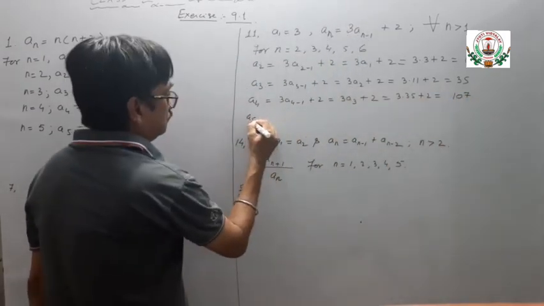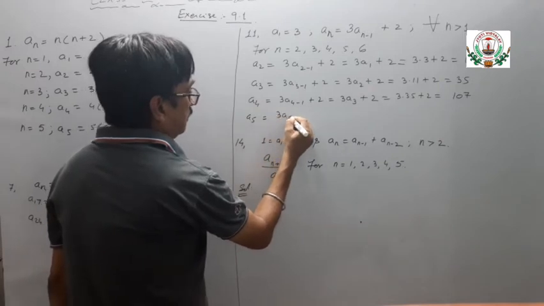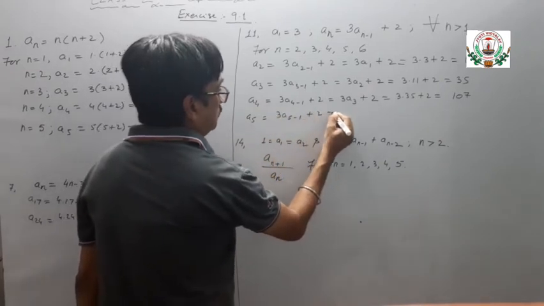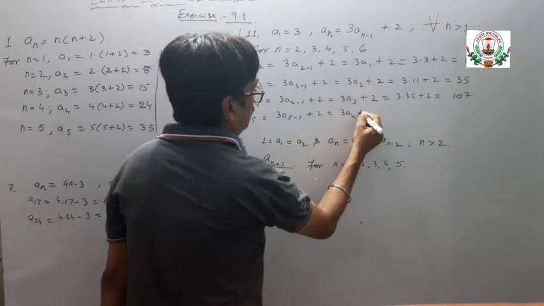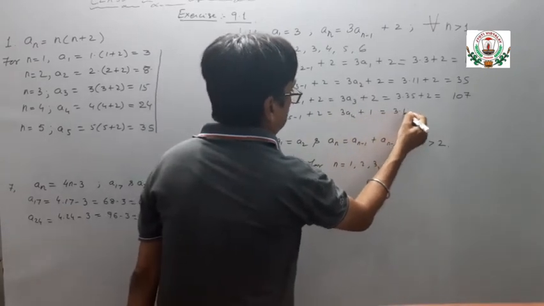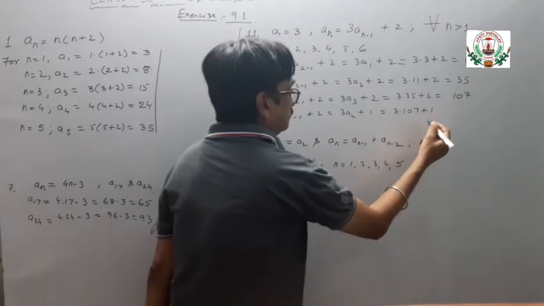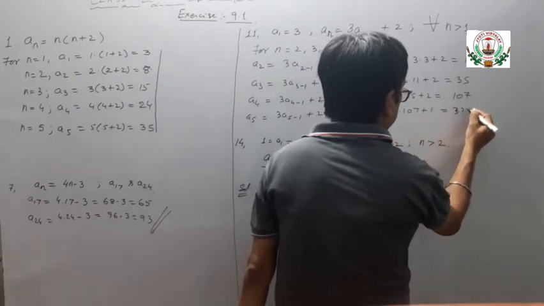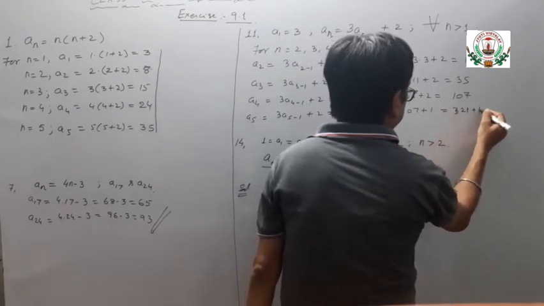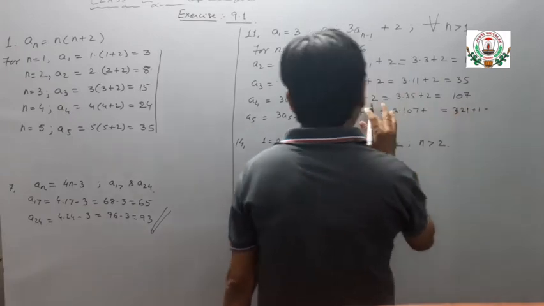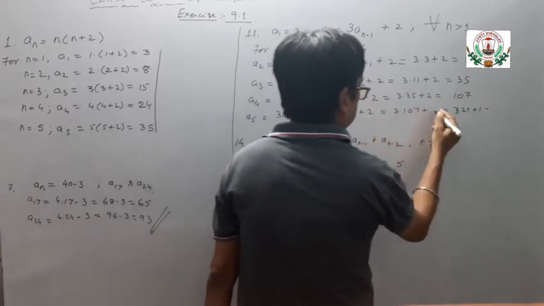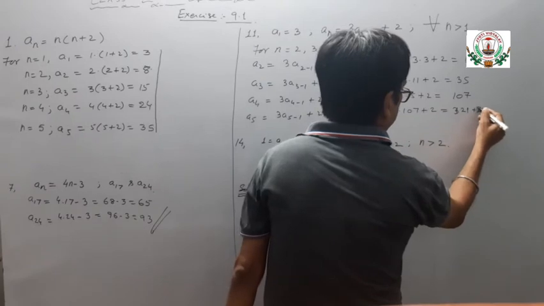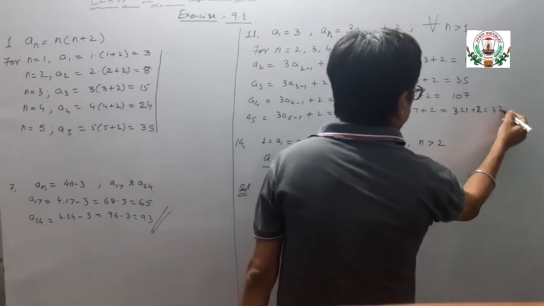Next a5, 3a_(5 minus 1) plus 2, 3a4 plus 2, 3 into 107 plus 2, that will be 321 plus 2, equals to 323.